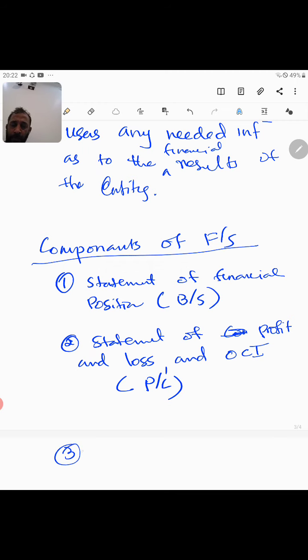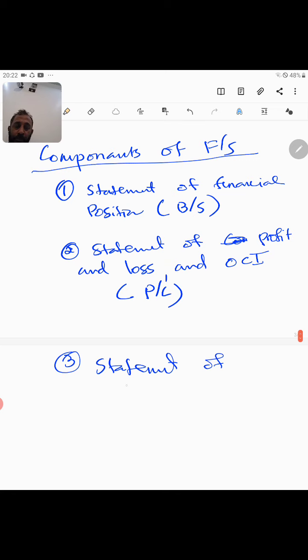The third is the statement of cash flow, which deals with the movement of cash.